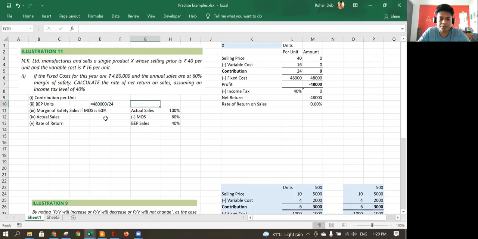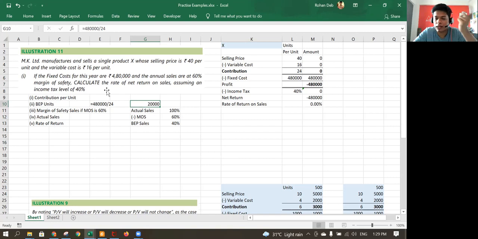That would come to 20,000 units. Okay, so I've just put it over here. So break-even point in units for me is 20,000. At 20,000 units, I neither incur profit nor loss.